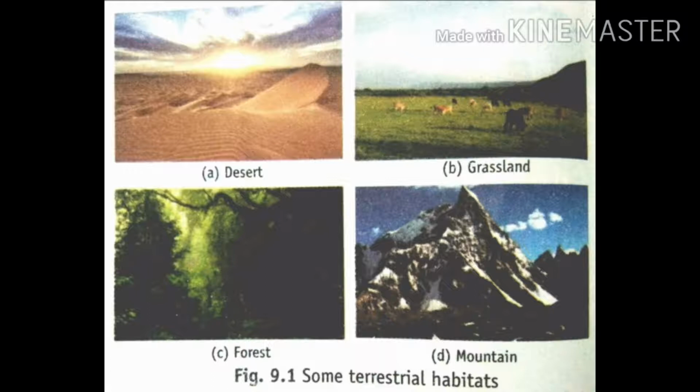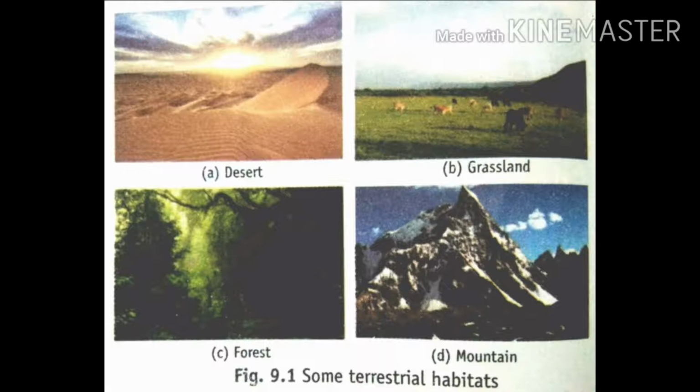Land provides the best living conditions to living organisms because of the great difference in temperature and availability of water. Due to this reason, a large variety of organisms are found on land. Depending upon the living conditions, terrestrial habitats can be classified into a few more types.